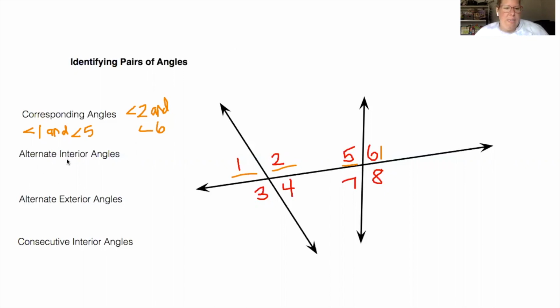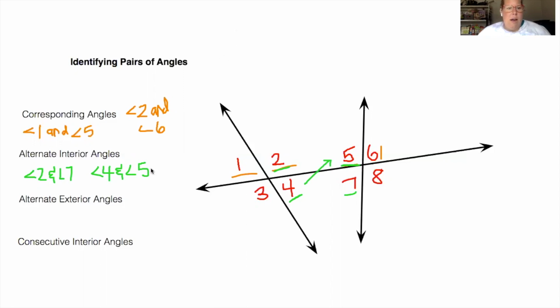Alternate interior angles. Those are the angles on the inside, and they have to be alternate. So on the inside of these two lines, we have 2 and 7, angle 2 and angle 7. We also have angle 4 and angle 5. Okay, they're alternates of one another. They're across from each other.